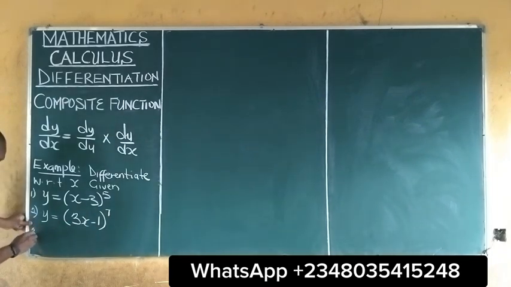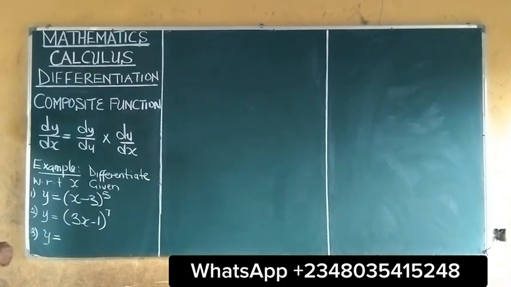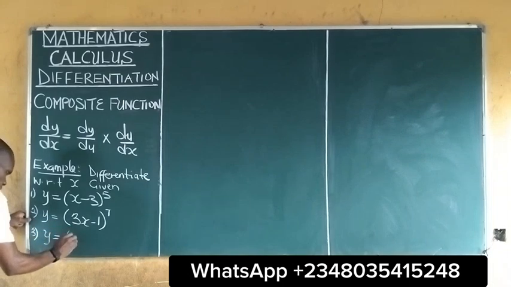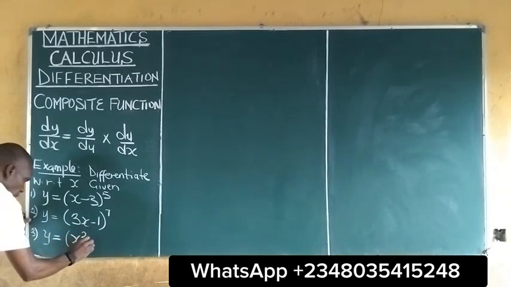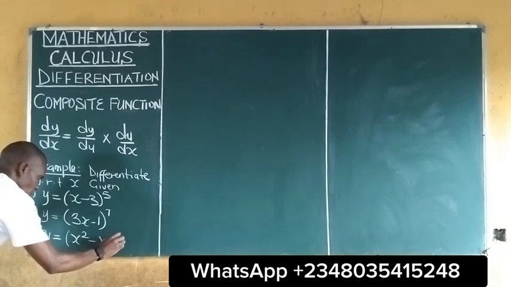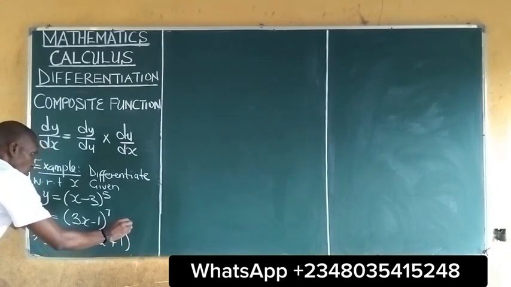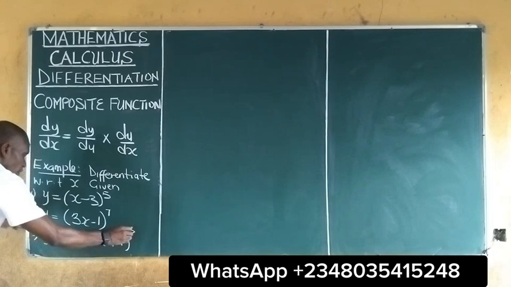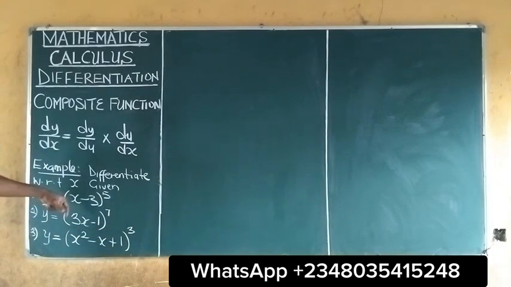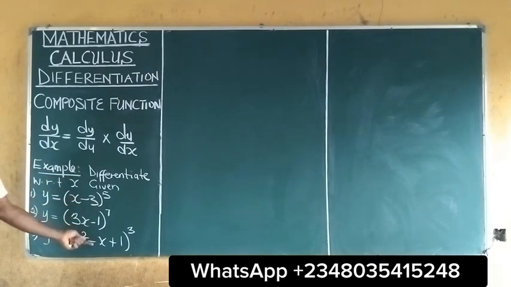And 3, which is the last, y is equal to (x squared minus x plus 1) raised to the power of 3. So we use the composite function to solve equations of this kind.